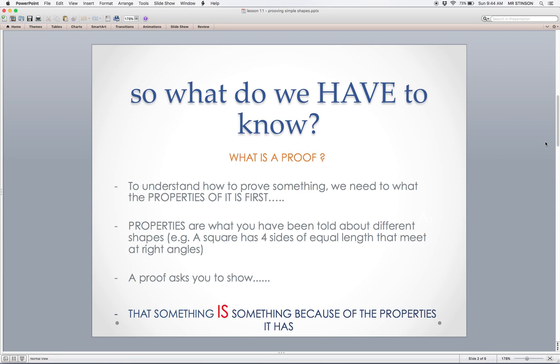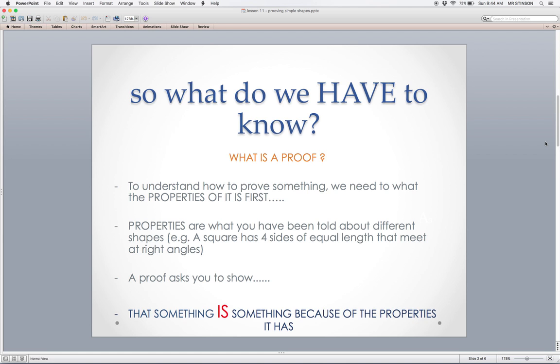So, let's have a look at what we have to know this lesson. Firstly, what is a proof? To simply understand how to prove something, we need to know what the properties of it are first.